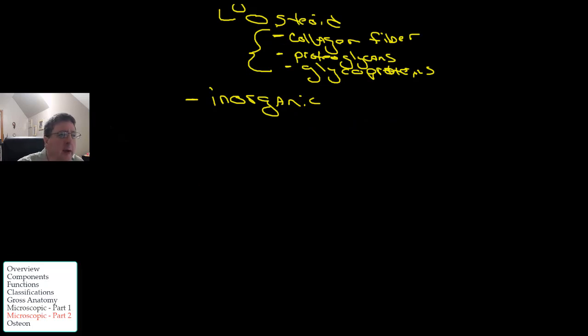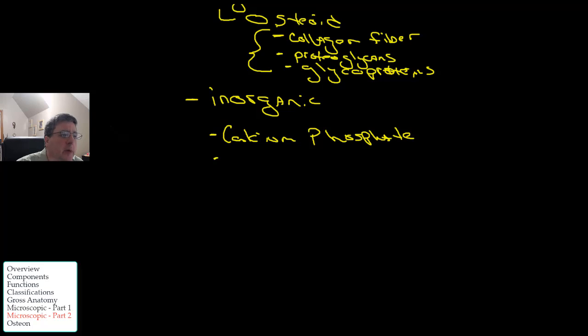Your primary component of the inorganic side of the matrix is calcium phosphate. Okay, you recall me saying in the past, bone is primarily a storage area for calcium and phosphate. So this is the calcium phosphate. That's what is stored. That's primarily what's found in bones.